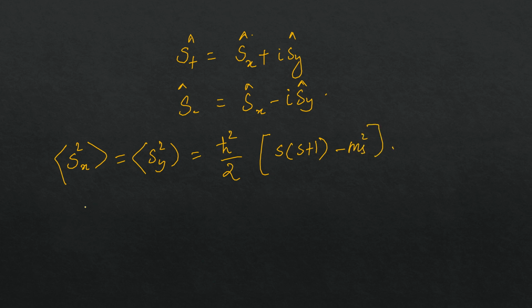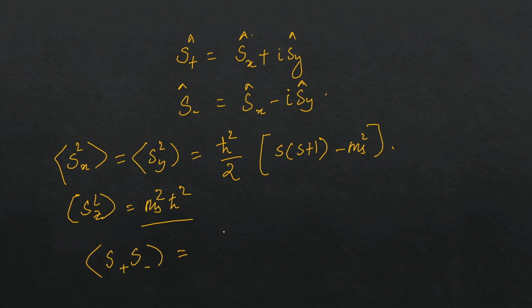Okay, now what are the other things? Expectation value of sz square will be how much? ms square h cut square, simple. Now expectation value of s plus s minus will be s square minus sz square plus h cut sz, right? This is what it is.